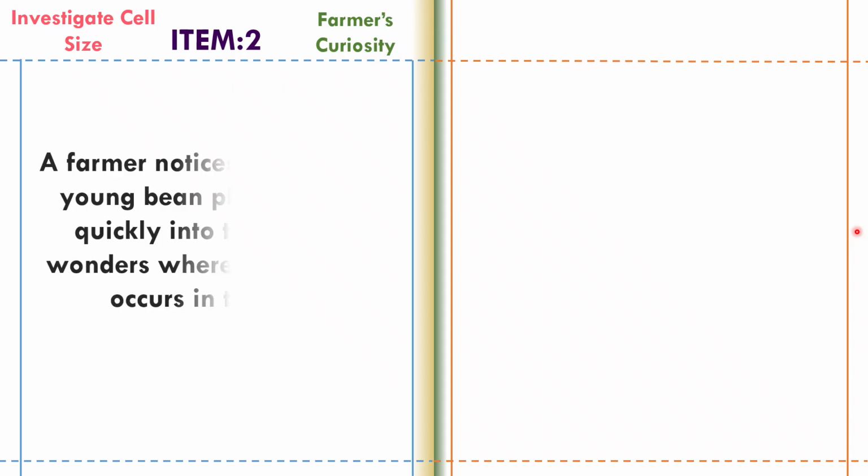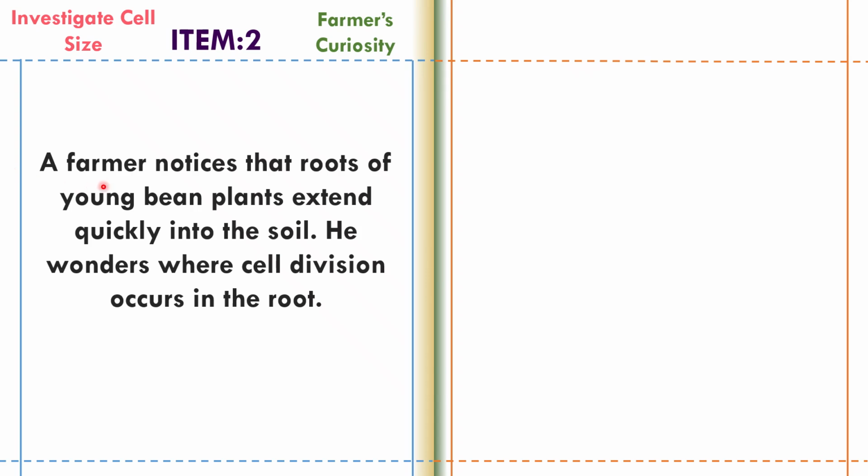We are still investigating the cell size. Item 2: the farmer's curiosity. A farmer notes that roots of young bean plants extend quickly into the soil. He wonders where the cell division occurs in the root.